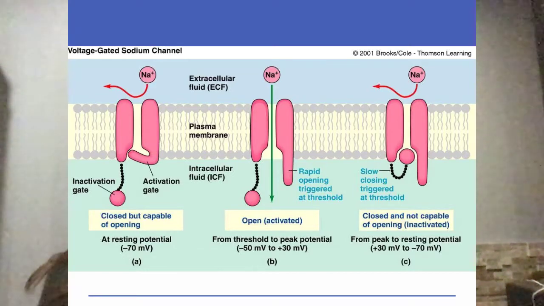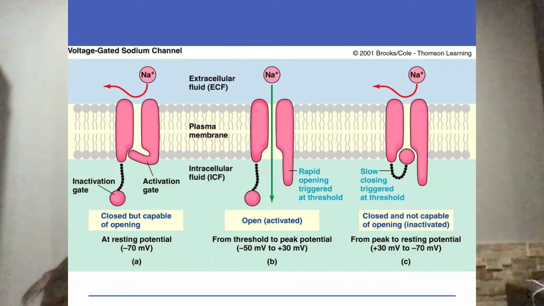Okay, the next picture, the one in the middle, this is just a different moment in time. So it's the same channel, but a different moment in time. And what happened at this moment in time is the membrane reached threshold potential. So at negative 50, that stimulated both gates to change their position. But the activation gate is faster.